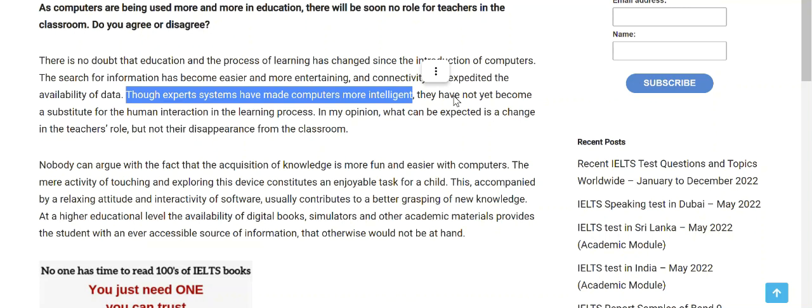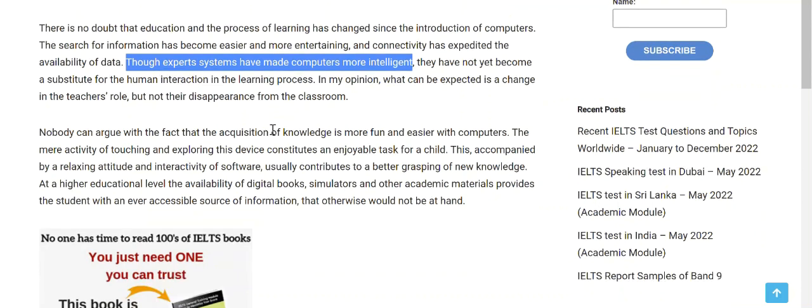What does it mean? It means yes, computers are intelligent enough, but they cannot replace humans, humans cannot be replaced by computers yet. And then he said his opinion. In my opinion, what can be expected is a change in teachers' role, but not their disappearance from the classroom.